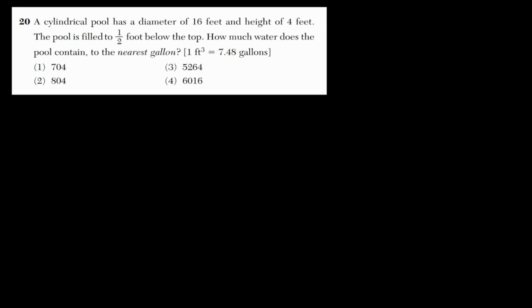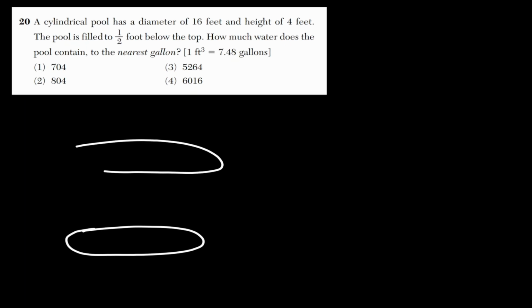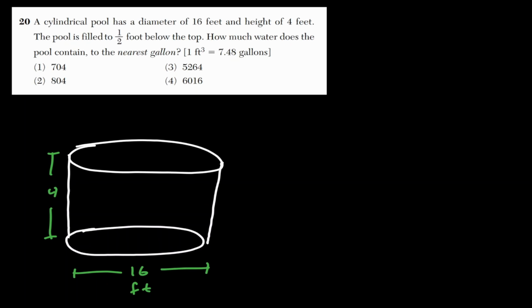In question 20, we have a cylindrical pool which has a diameter of 16 feet. So let's start by drawing this pool. And now we know that the diameter is 16 feet. And then in addition, the height is 4 feet. And now we're given this information that the pool was filled 1/2 foot below the top.